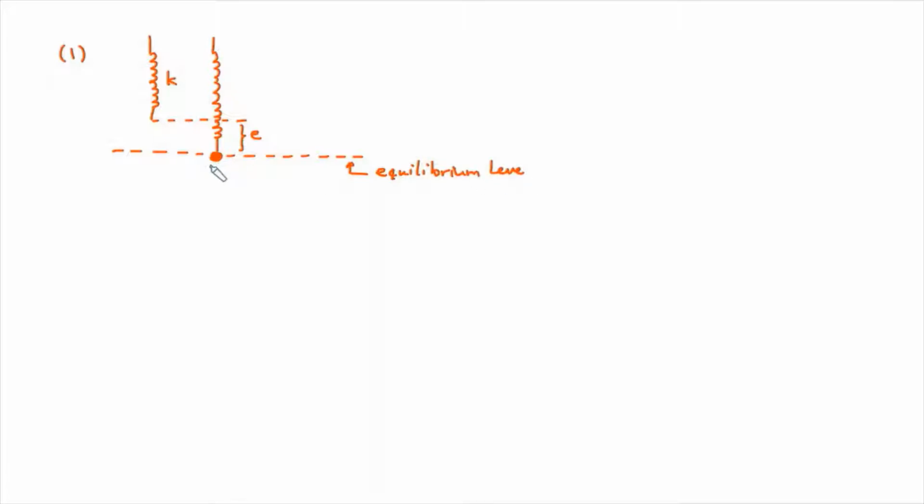In the first situation, they are asking what would be the speed of the mass when it moves through this level while executing simple harmonic motion. So that means you are going to displace it and then release it. As a result, it's going to move up and down. So you will see motion like this.